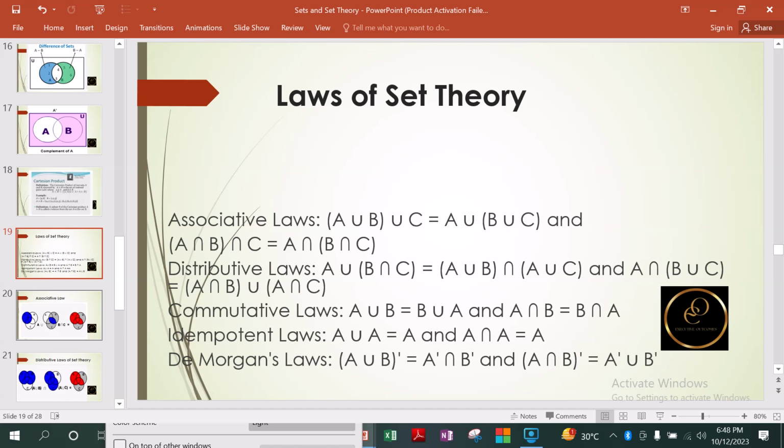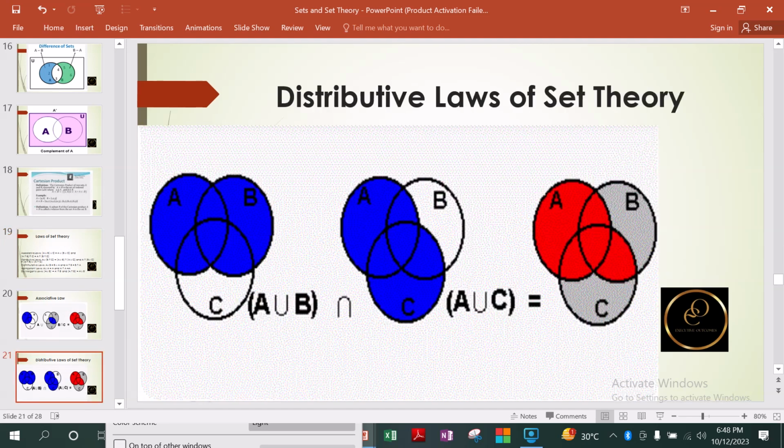In this particular case, before I go on, you have root 1. A union B is the sum of elements in A and B, shown by the shaded blue part here, and then A union C is the sum of elements in A and C, shown by this blue part here.